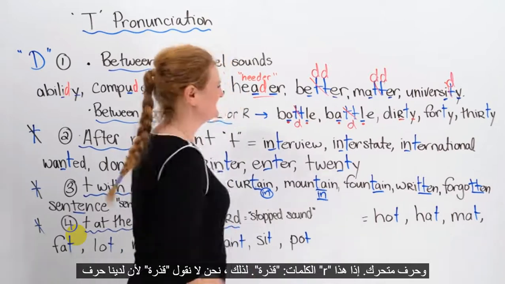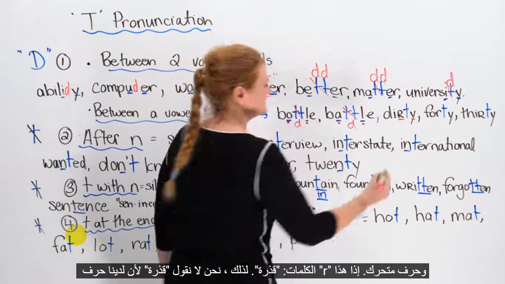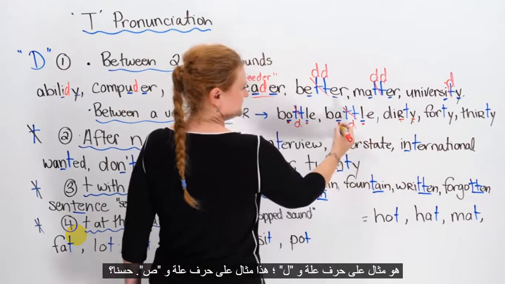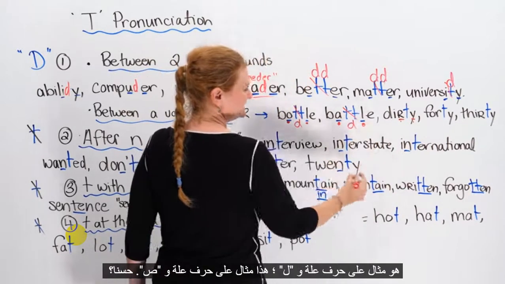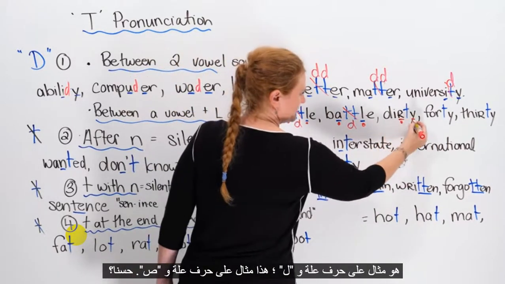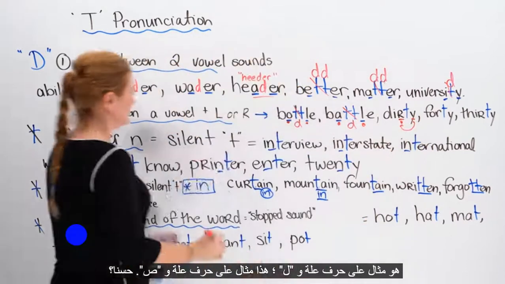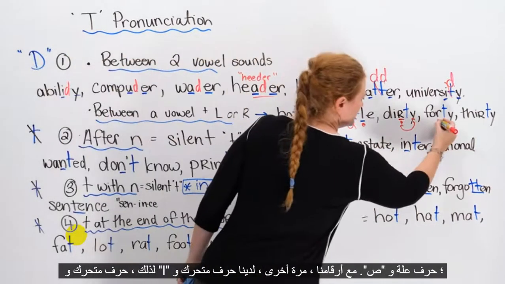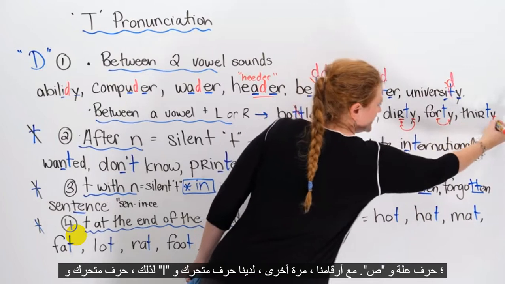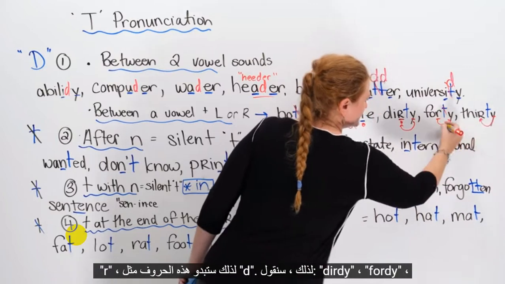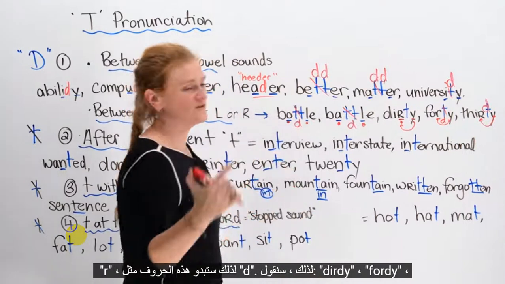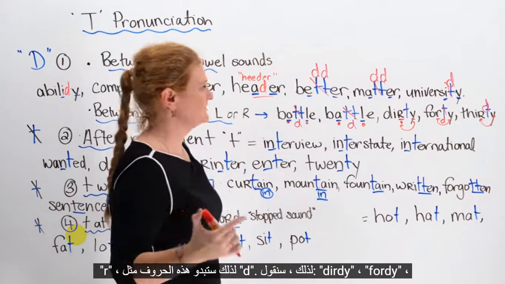One of Ronnie's favorite words. Dirty. So, we don't say dirty because we have an R and a vowel sound. So this is the example of a vowel and an L. This is the example of a vowel and an R. Okay? So vowel and L or vowel and R. With our numbers, again, we have a vowel and an R. So these ones are going to sound like a D. So we're going to say 30, 40, and 30.